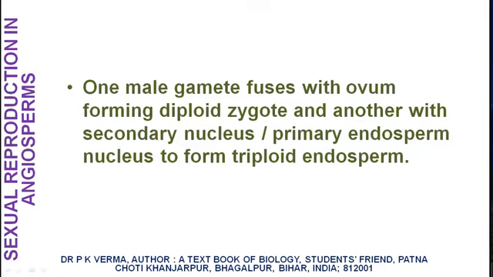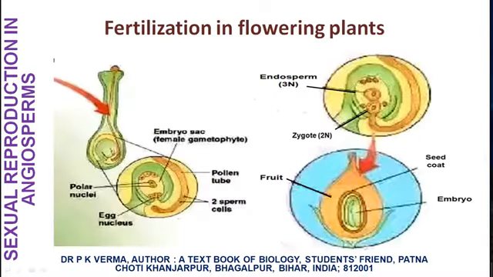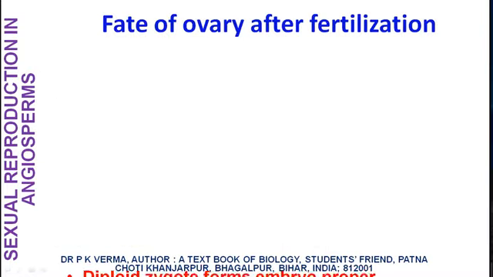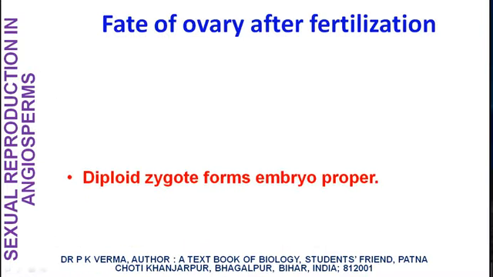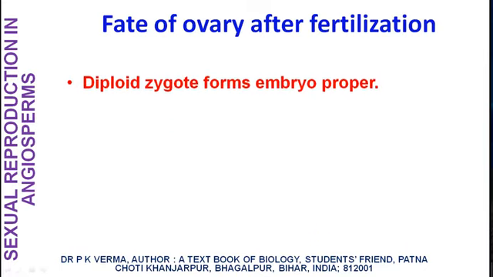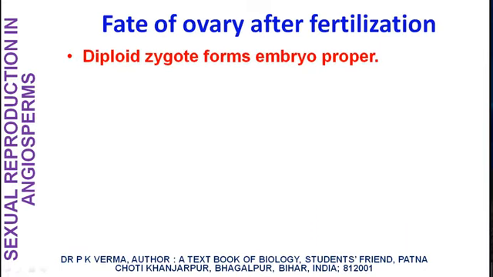The zygote is formed from the haploid ovum after fusion of the second male gamete, and it is said that the synergid cells help in transfer of the male nucleus into the ovum.